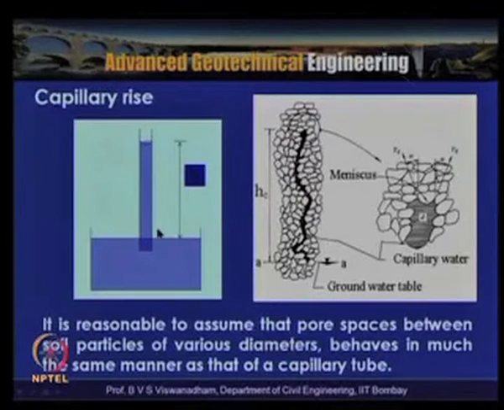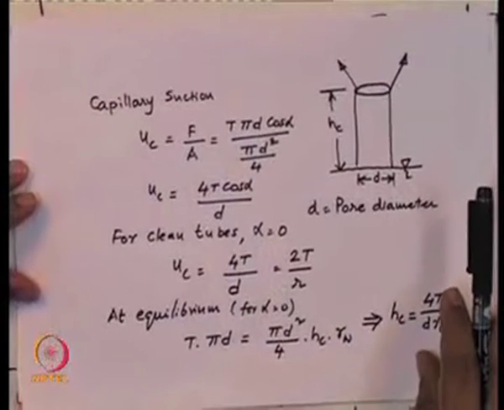So this is idealized here and shown here, with the water pulling against gravity. So it is reasonable to assume that the pore spaces between the soil particles of various diameters behave much like a capillary tube, that is, a tube of fine diameter. So if you look into this, we can calculate the capillary suction.